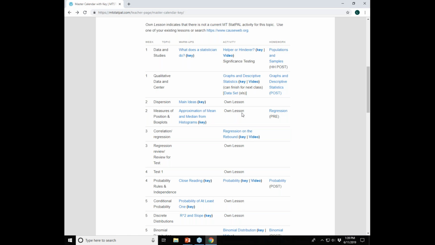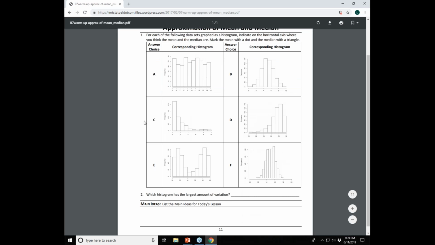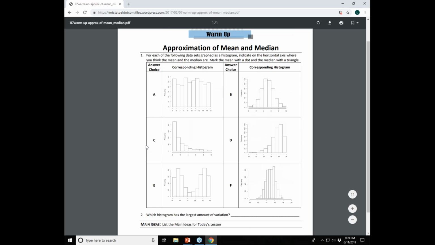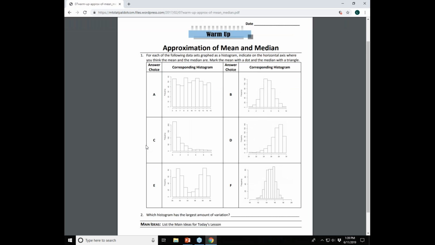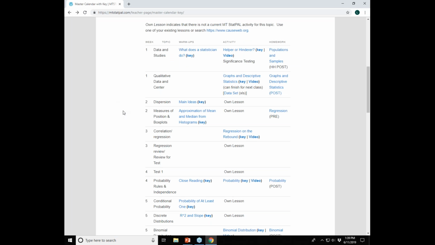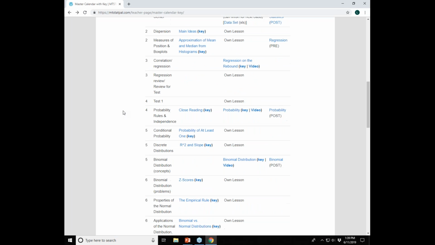They're going to give their own lesson. And the idea is this is a very quick question that people are going to answer very quickly, and then you'll go on and do your own lesson. We've had several faculty members just skip the warm-ups altogether. And in general, they end up regretting it.